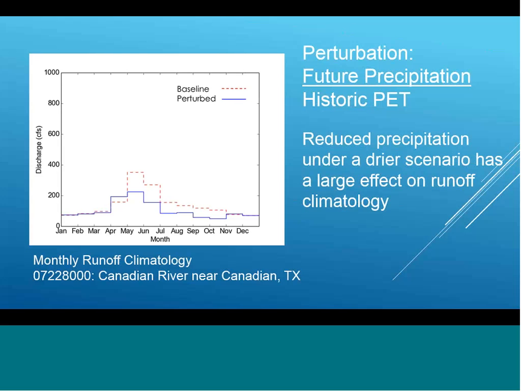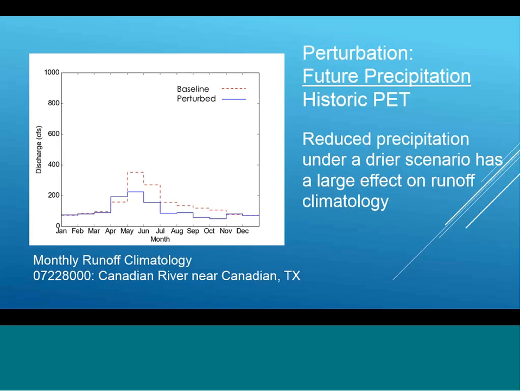So, for example, a 200 CFS discharge on any one of those lines would represent the average flow for a given month. And you can see, as expected, an increase in the spring period, but the baseline is quite a bit higher than the perturbed. This is under future precipitation, but using historic PET. We left the PET, the potential evapotranspiration, which is most directly related to temperature, the same and just perturbed the precipitation, and you can see a reduced runoff.